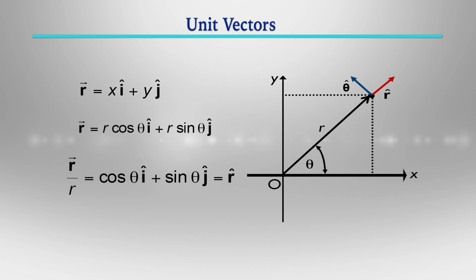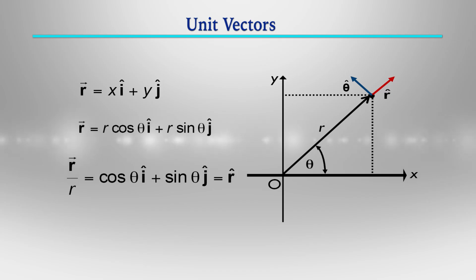You already know that the position vector in the Cartesian coordinate system in a plane is written as x i cap plus y j cap, and because x is equal to r cos theta and y is equal to r sin theta, we can write the position vector also as r cos theta i cap plus r sin theta j cap. Now, what is the unit vector in the radial direction?